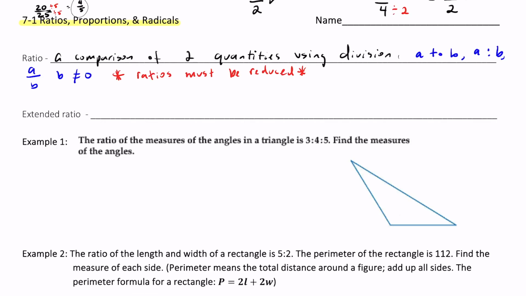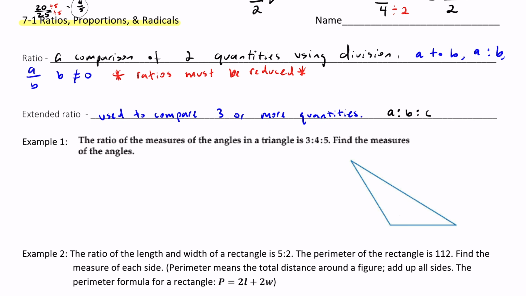Now, an extended ratio is used to compare 3 or more quantities. We can write this as A to B to C, right? I'm comparing 3 quantities.